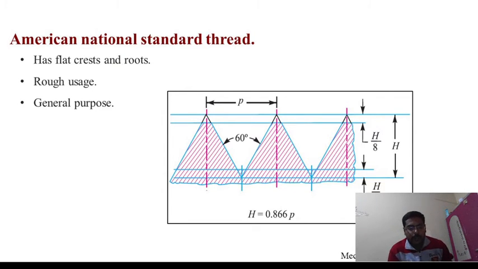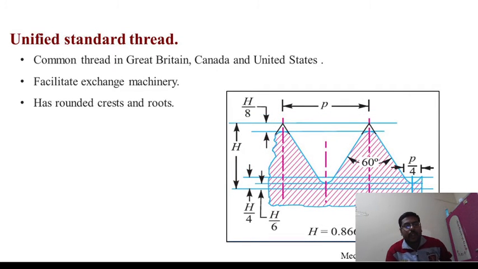Okay, go for the next one. Unified standard threads. Unified standard threads are common in Great Britain, Canada and the United States. We are using this type of unified standard thread to facilitate exchanging machinery. It has rounded crest and roots. So this is also one of the types with different parameters observed here.